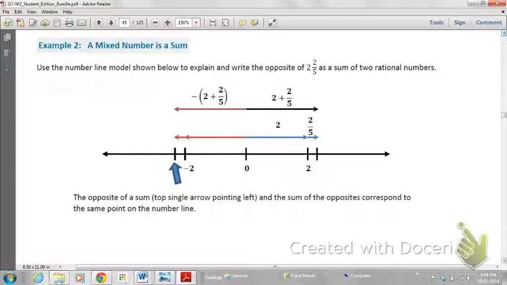Okay, so next we have example 2. This is called a mixed number is a sum. Here it tells you use the number line model shown below to explain and write the opposite of 2 2/5 as a sum of two rational numbers.